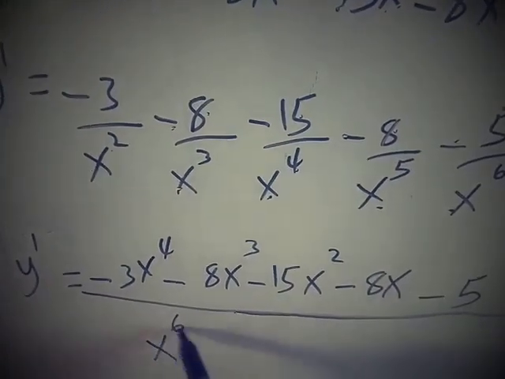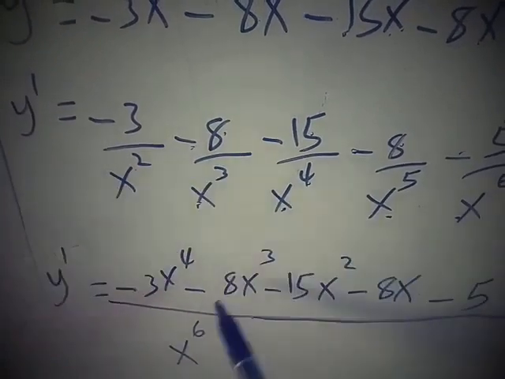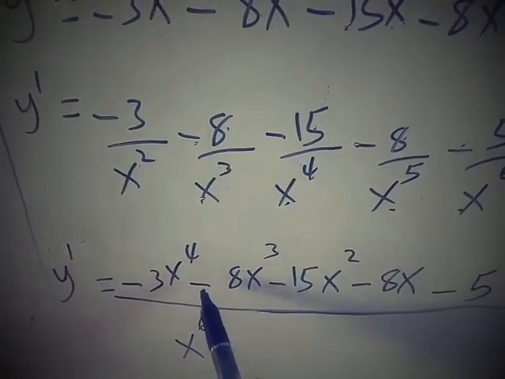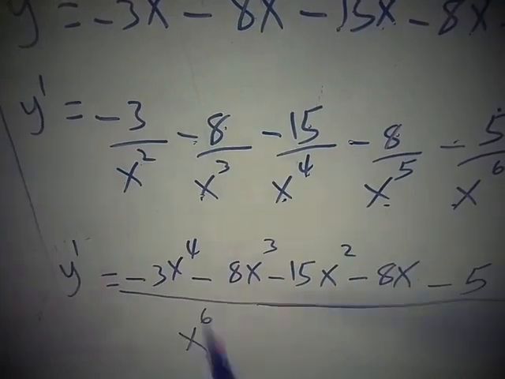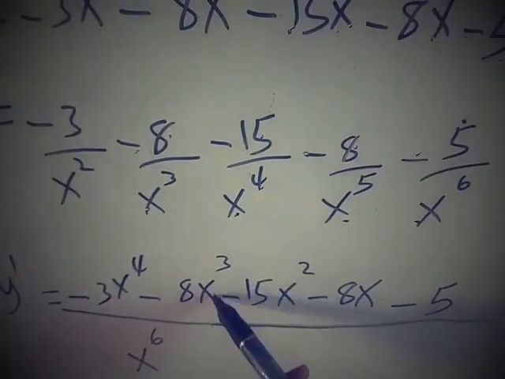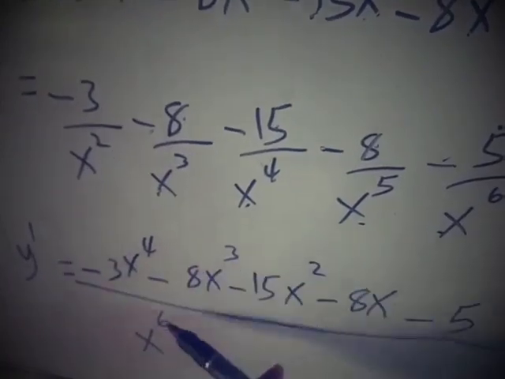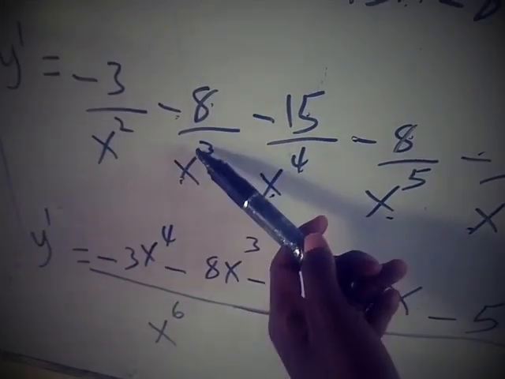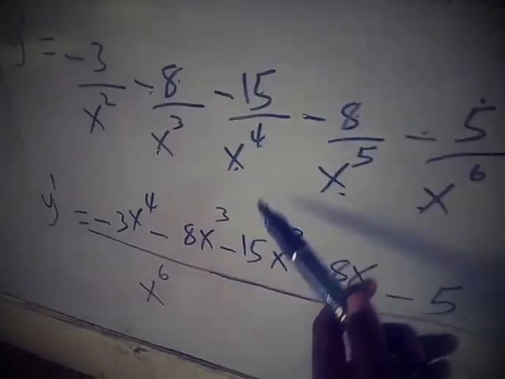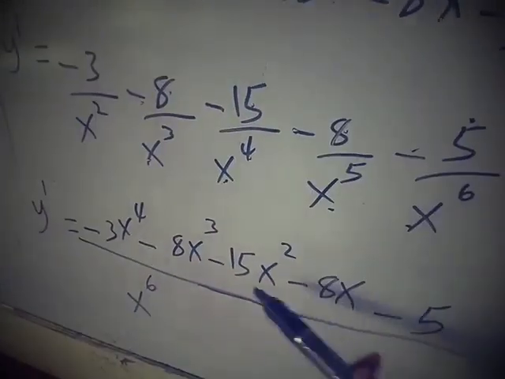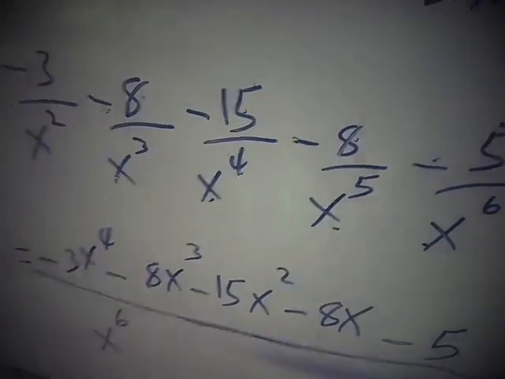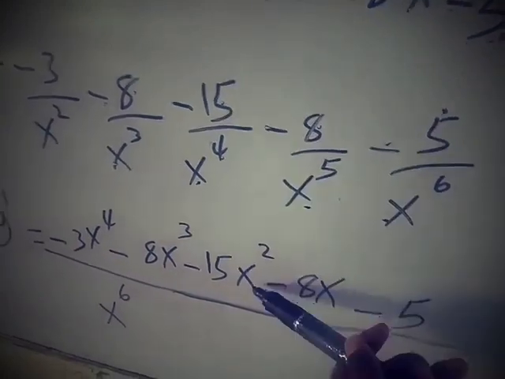So x power 6 divided by x power 2 will give us x power 4 there. The other one is x power 3, because when you divide x power 3 and x power 6, you will be left with x power 3. The other part is 15 x power 2, because when you divide it with x power 6, you are going to be left with x power 4.